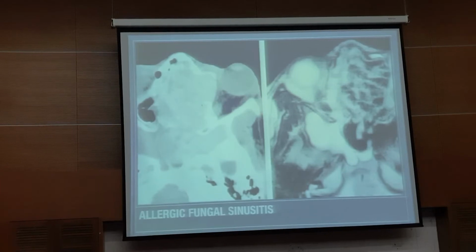It looks like there's material there, but on MR it looks like it's air, but actually it's low intensity because of the dehydration of secretions by the fungal material. It's not always easy to make this diagnosis, and it may not be a radiological diagnosis in itself, but in the right context, you can suggest that this is what's going on.